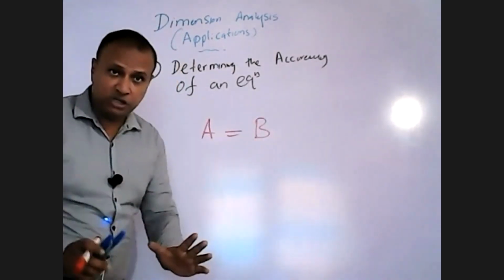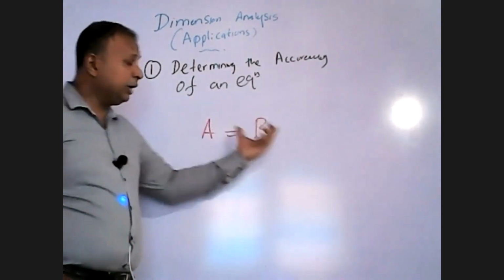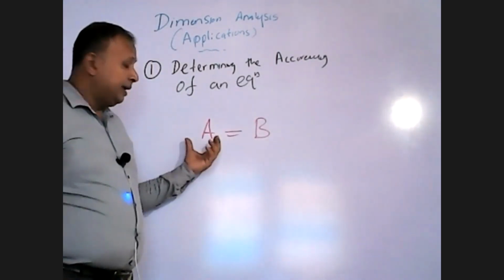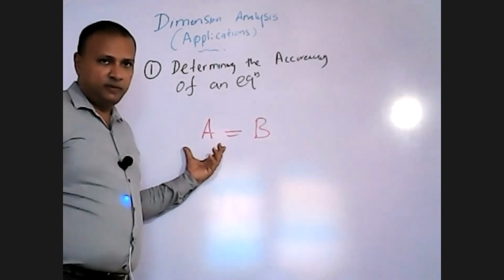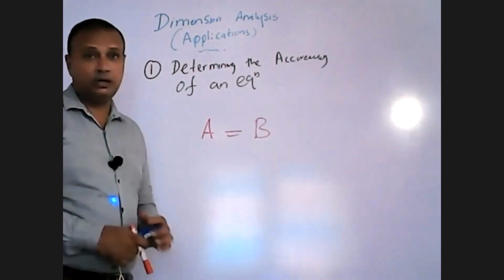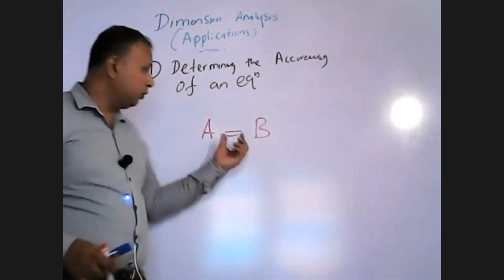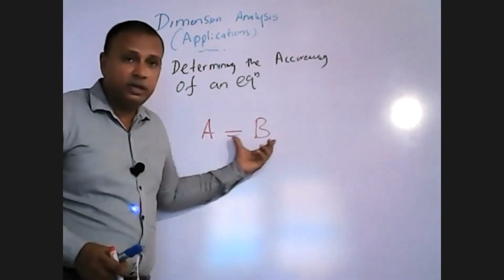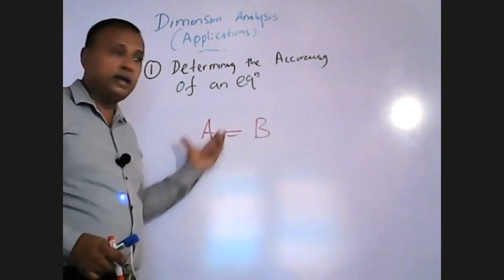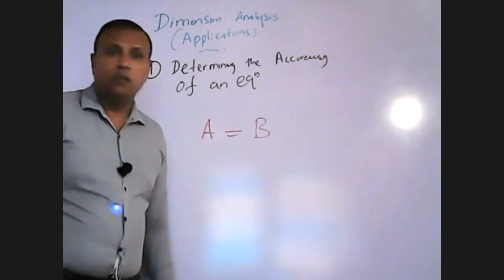That means the left hand side physical quantity should be the same as the right hand side physical quantity. Actually, we cannot equate length to time. We cannot equate length to mass. We cannot equate length to area. We cannot equate area to volume.